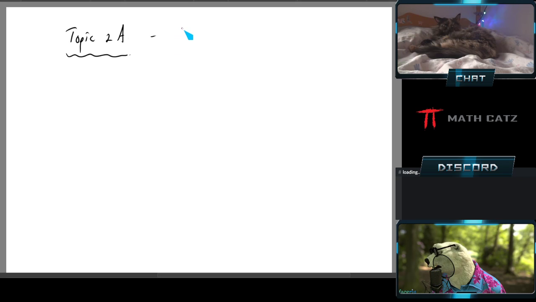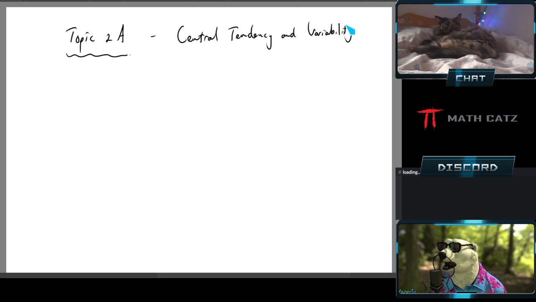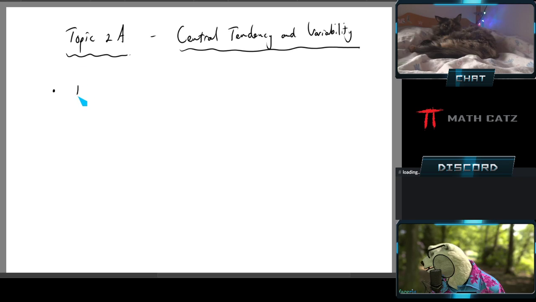In this case, the title is Central Tendency and Variability. What all those words mean, we will get to soon enough. Don't worry about it.